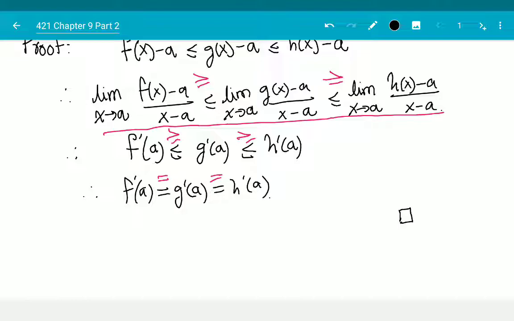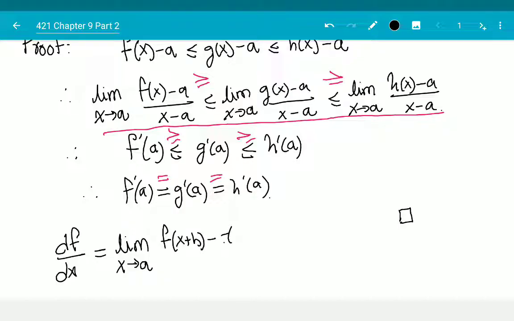Okay, but why do we need to just stop at first derivatives? We know we can compute higher order derivatives in the same exact way. So df over dx is our first derivative, limit x goes to a, f of x minus f of a over x minus a.